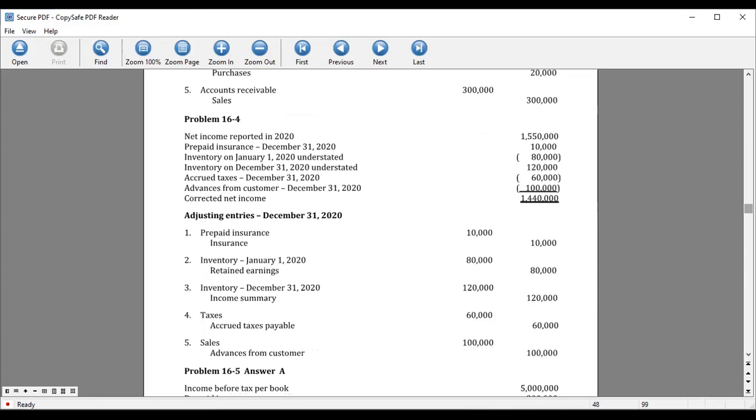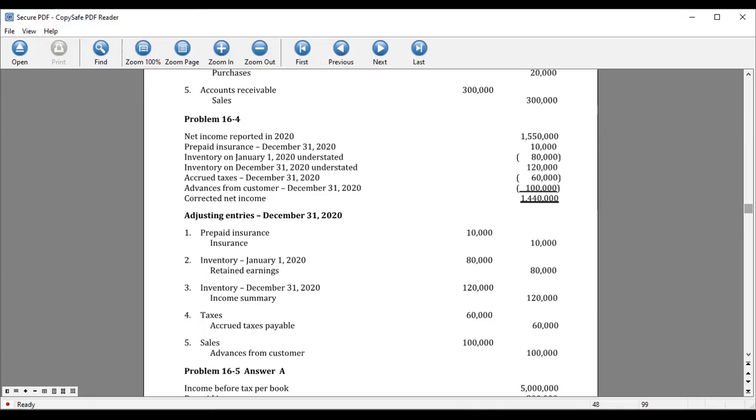Now, since the inventory understatement at the beginning of January was reflecting the 2019 records, but the ending inventory was as well understated, we debit inventory and credit income summary. Taxes of 60,000 for the fourth quarter were paid in January 2021 and charged as expense.